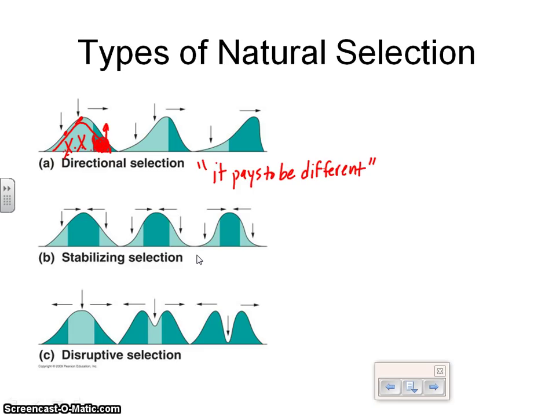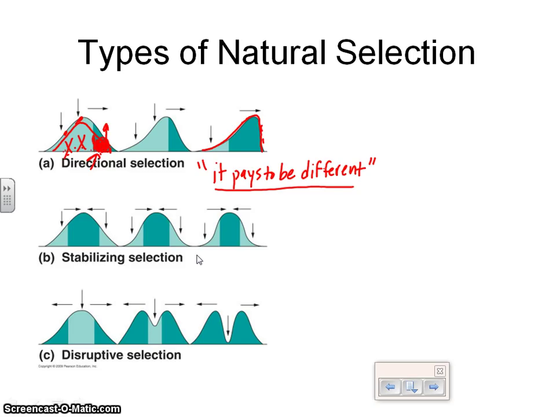And we see that in this little graph here, as time passes, the frequency of individuals with that particular trait that's fitting for the environment at that time increases in number. You can see it right here. So with this, it actually pays to be different because in the beginning here, they weren't very abundant. But then over time, they became more abundant, that extreme trait.